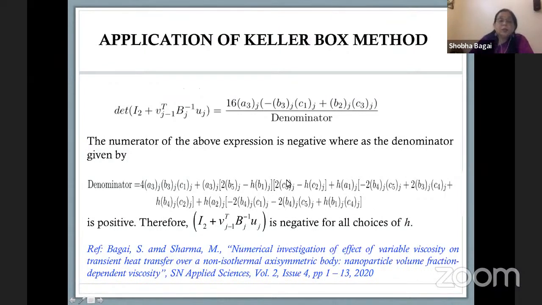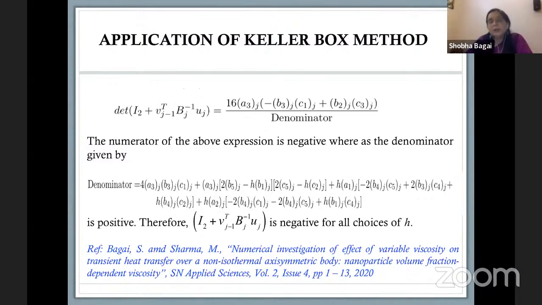Again, if I look into the signs of my terms, small a1, a2, b1, b2 and c1, c2, the numerator expression, in fact, was negative, whereas the denominator which came out over here was in fact positive. And therefore, this determinant was negative for any choice of h.